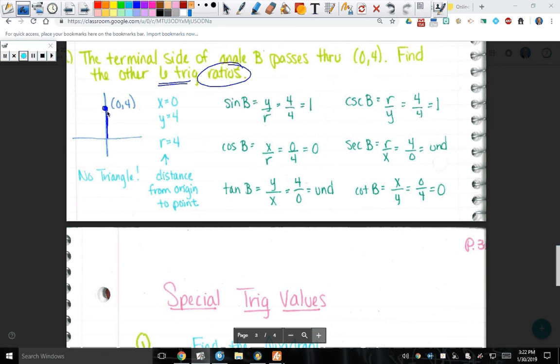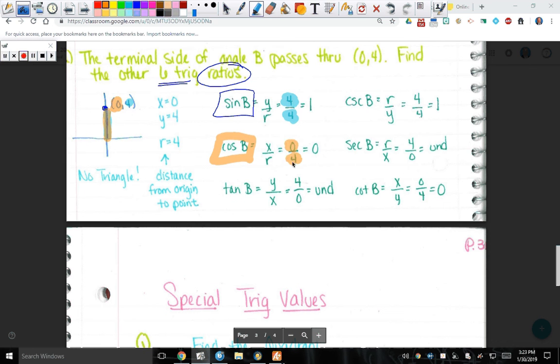Okay? But could I do sine is y over r? What's the y value that you see on this point? 4. That's why it's 4 over r. It's still 4. That's why it's 1. Go with me? And then, over here, the cosine is the x over r, which is 0 over 4.